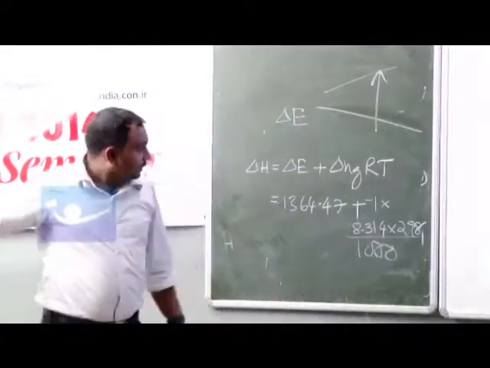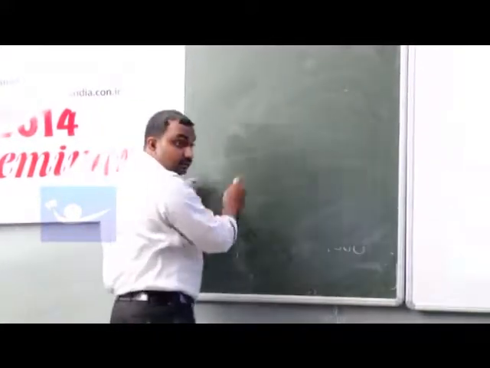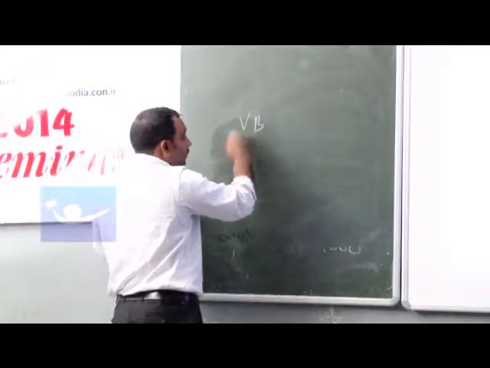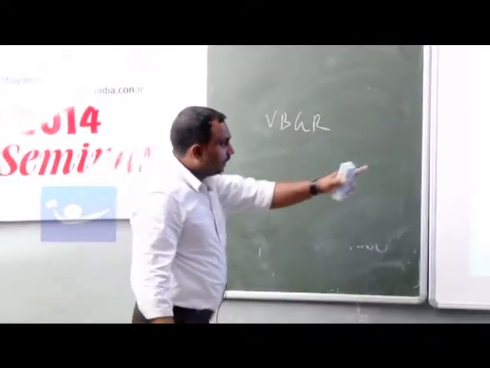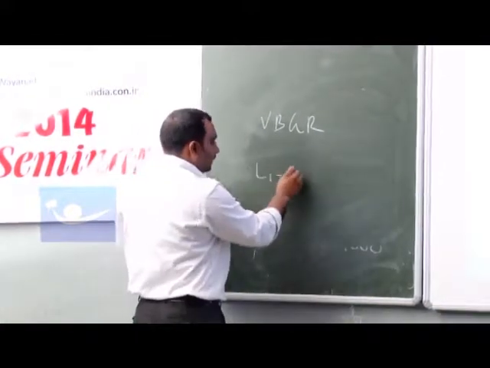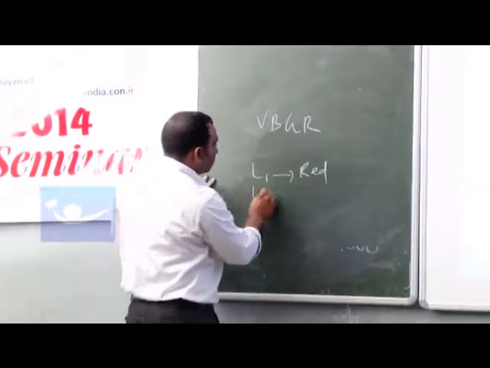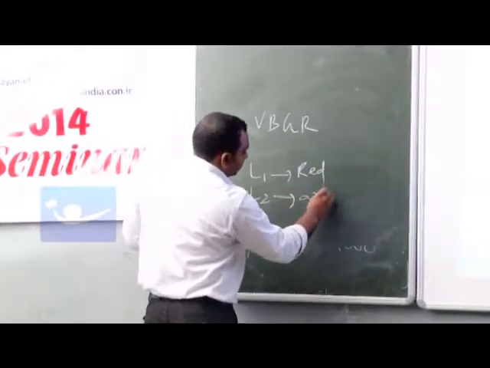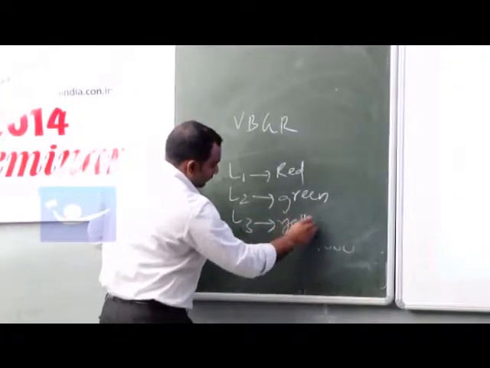So you can use VIBGYOR, right? The order. What is the order? Violet, indigo, blue, green, yellow, orange, red. So L1, what is the color? L1, red, right? Then L2, green. L3, yellow.